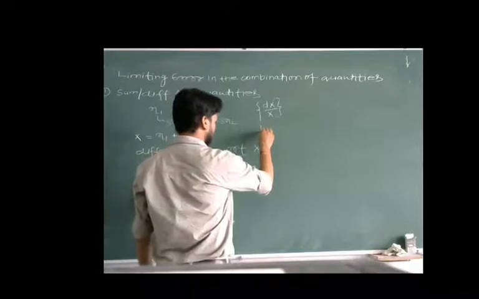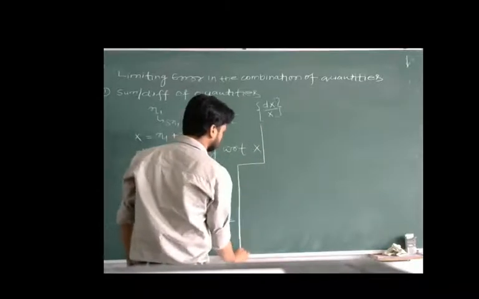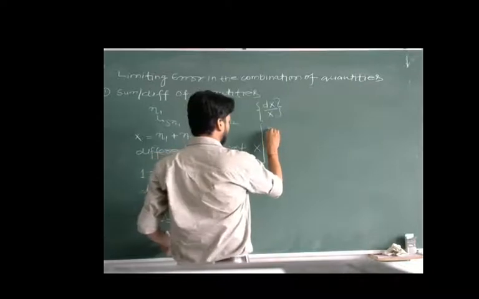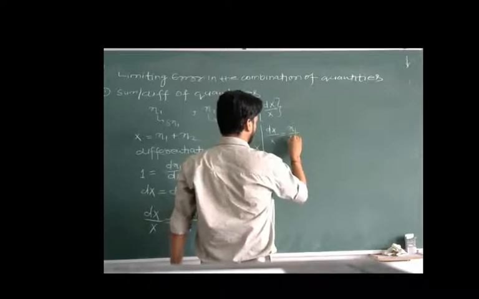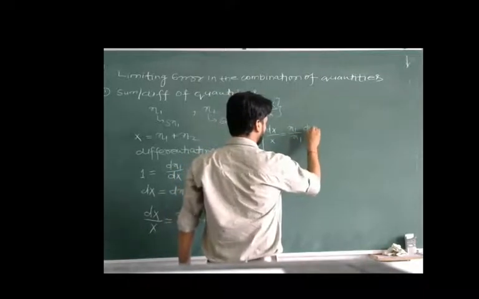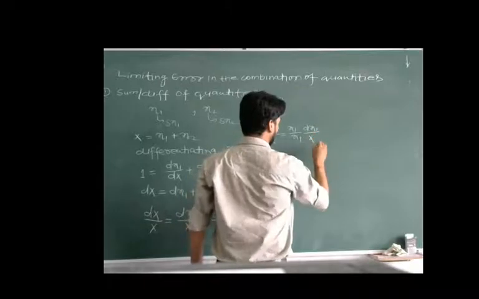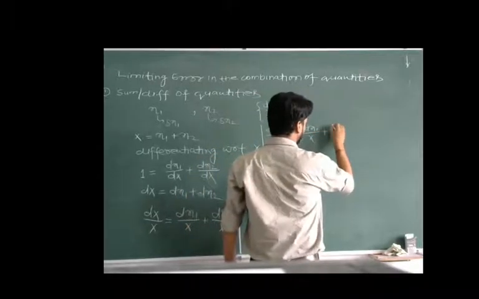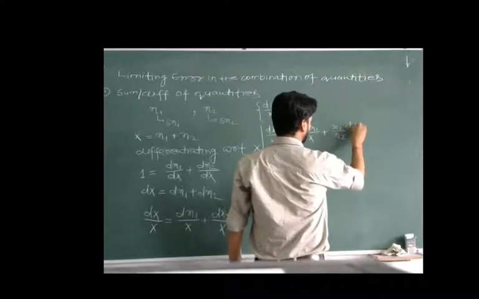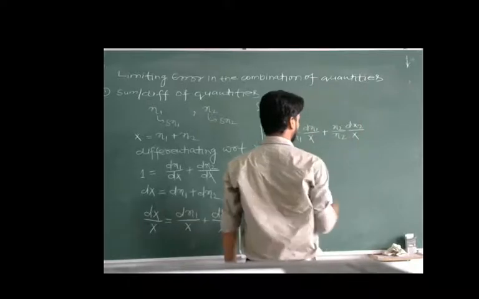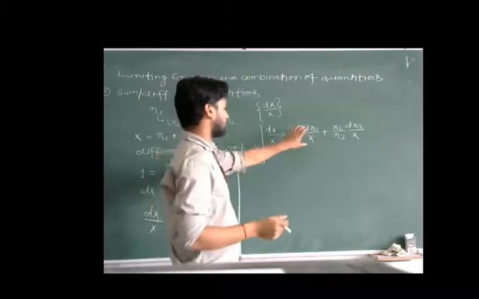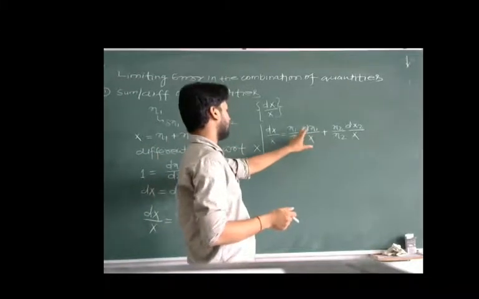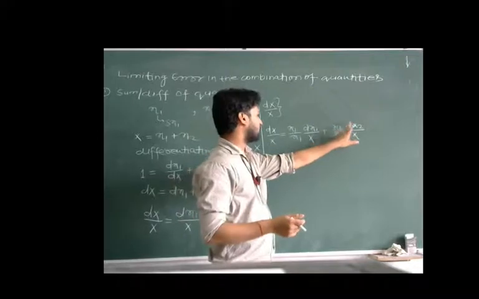After doing this, we will get dx over X is equal to x1 upon x1 into dx1 upon capital X plus x2 upon x2 into dx2 upon capital X. We have to find out the relative increment of each of the components, meaning dx1 upon x1 and dx2 upon x2.